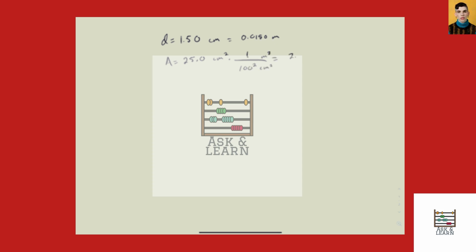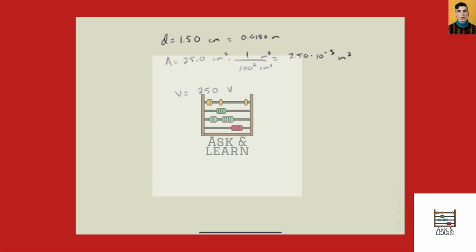So this is 2.5 times 10 to the minus 3 square meters. We also know the voltage is 250 volts, and it's filled with air, so the dielectric constant is just 1 to start.